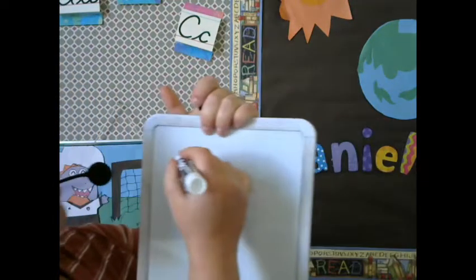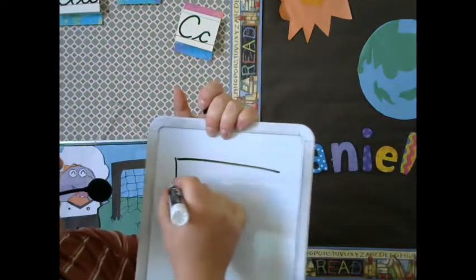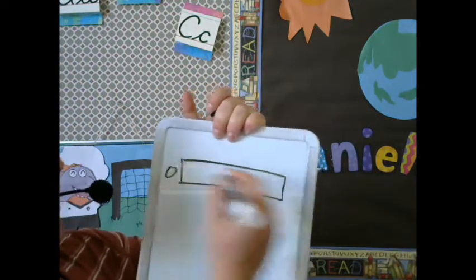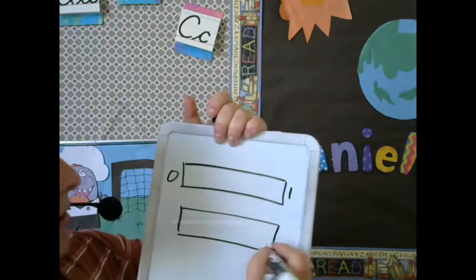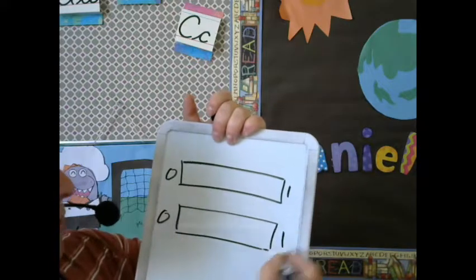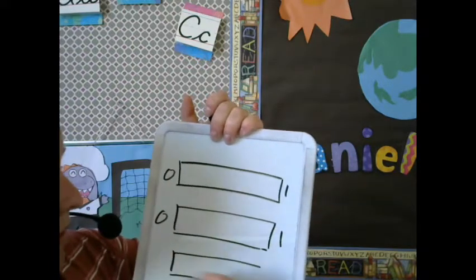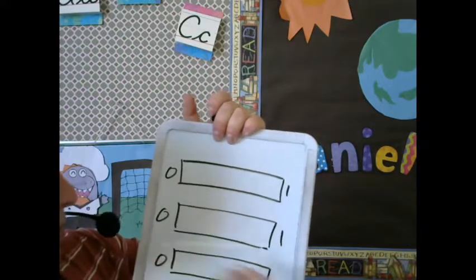Okay, so that's rounding. Then the very last one, fractions. For the fractions, you're going to be looking at a fraction bar that looks similar to this. Where we have 0 here, 1 here. And there will actually be a couple of different ones. 0, 1. 0, 1.